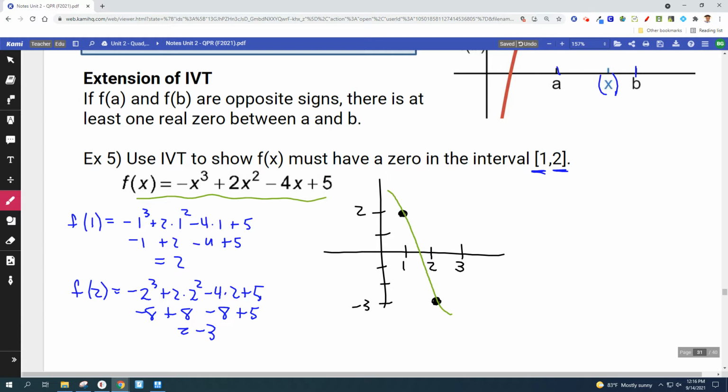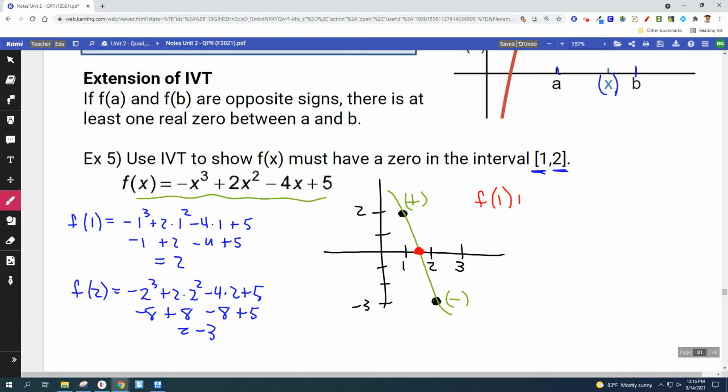So the fact that we got a positive value 2 here and a negative value here, it simply implies that there must be something on that x-axis. There has to be some number in between 1 and 2 that makes this equal 0. There's a 0 right there. Okay, so we would say something like this.